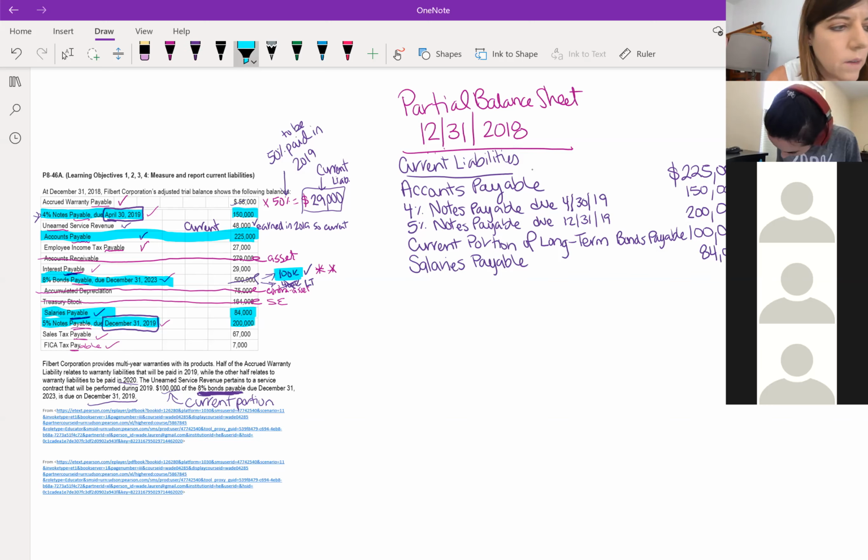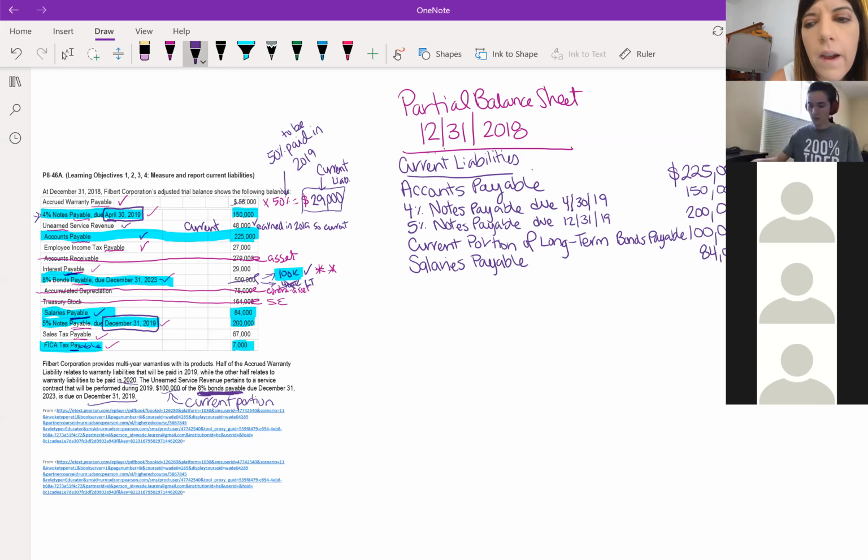After salaries payable, we're going to put FICA taxes payable, because they're going to remit those taxes on your behalf to the government.